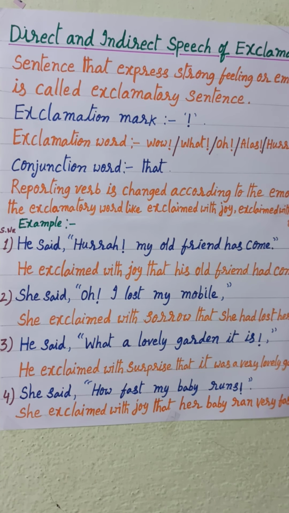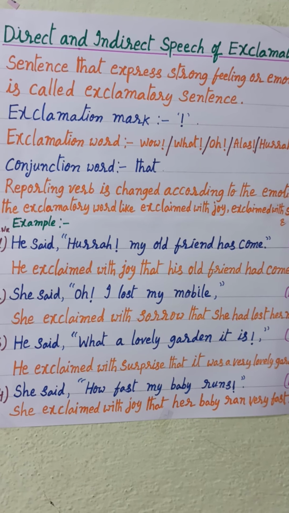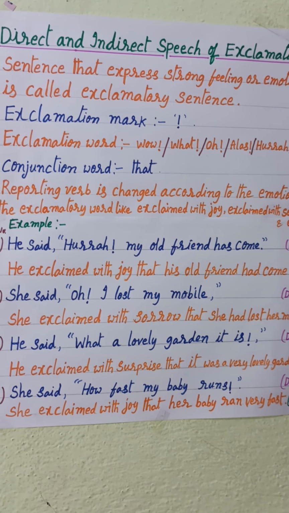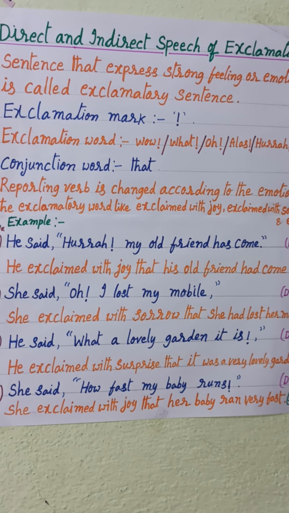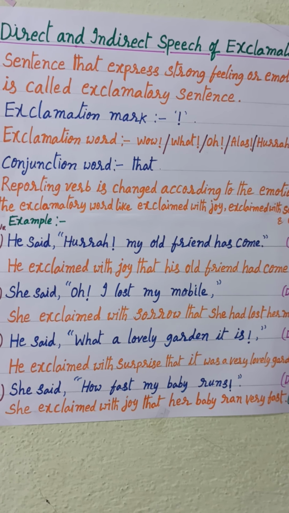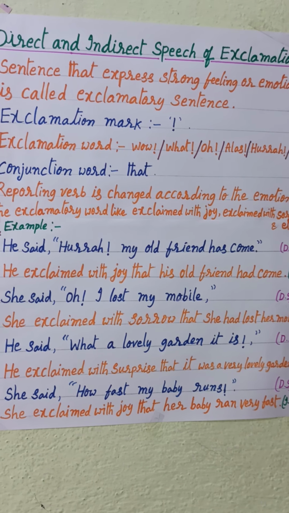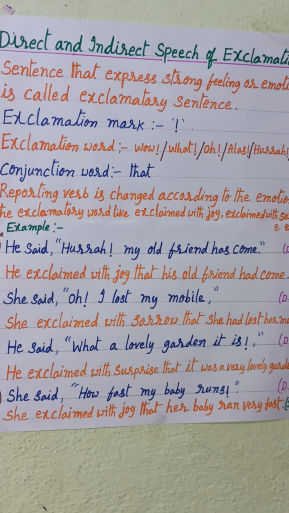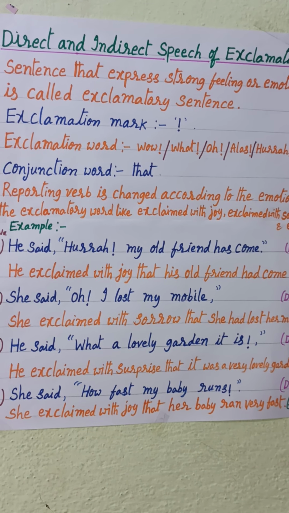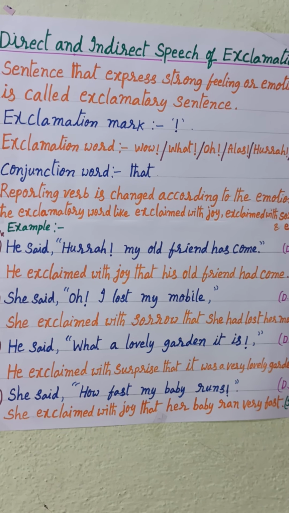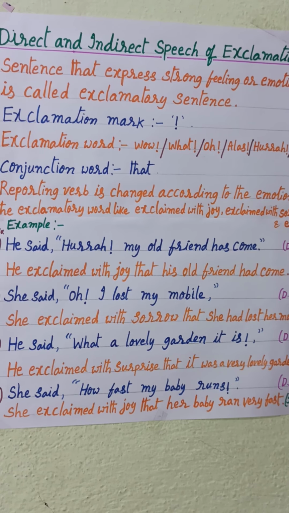So she exclaimed with joy that her baby ran very fast. Her baby ran very fast is simple past because the direct speech is in the simple present.